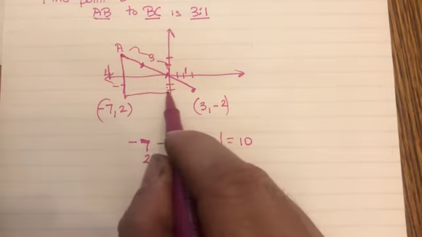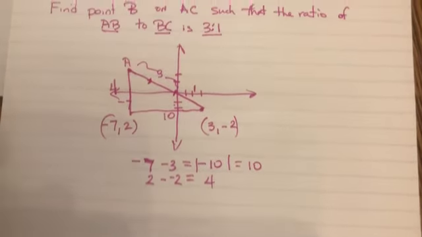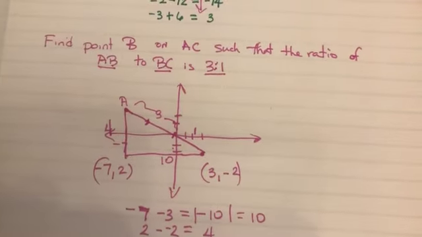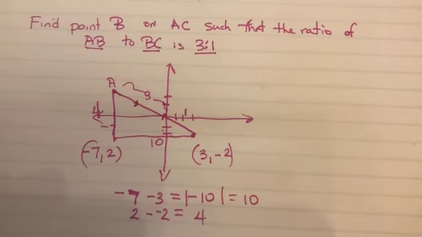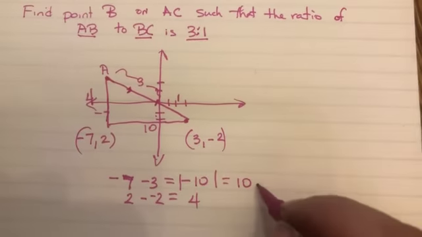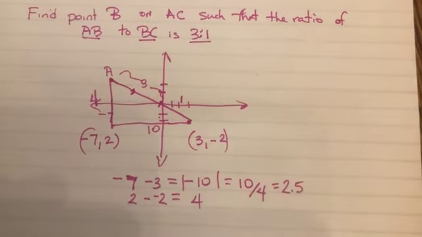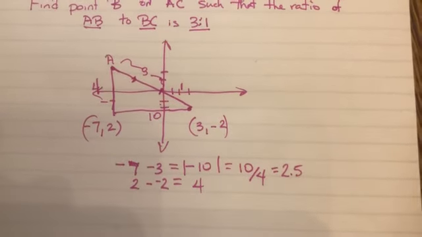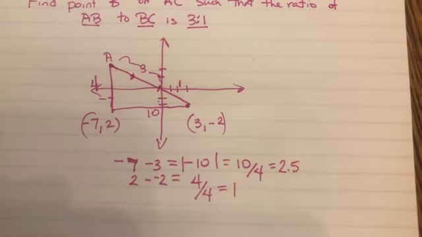This distance here was 10. And if I break them into 4 equal parts, so if I divide this by 4, that means each triangle is going to have a ratio of 2.5 to 1.